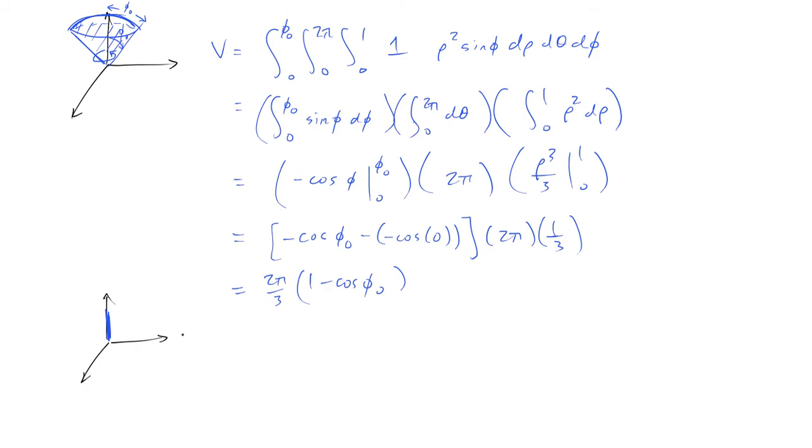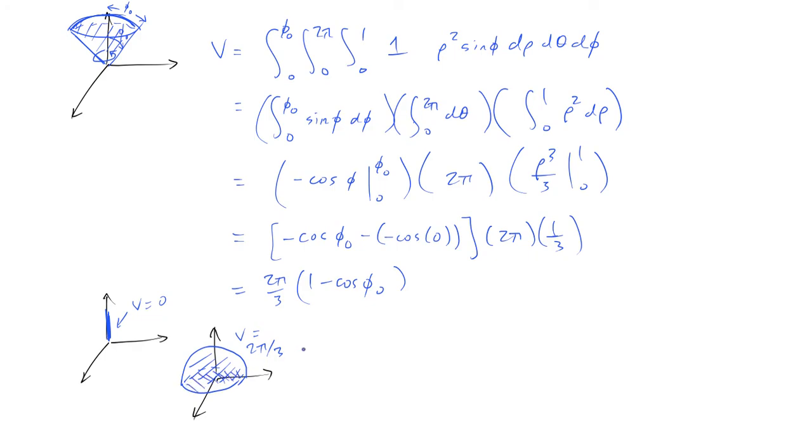And if we put in phi naught of pi over 2, that should give us the volume of the half sphere. If we put pi over 2 in, cosine is 0, so this will be 2 pi over 3. And that is half the sphere of radius 1.